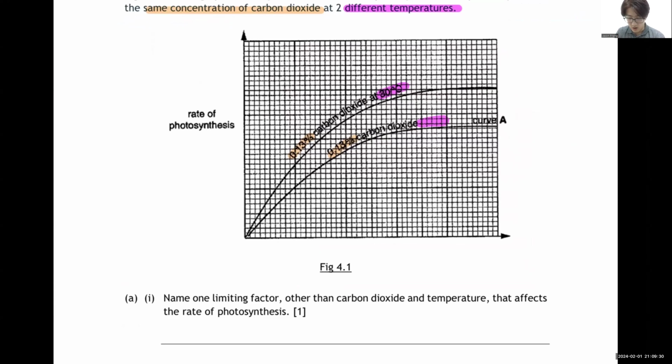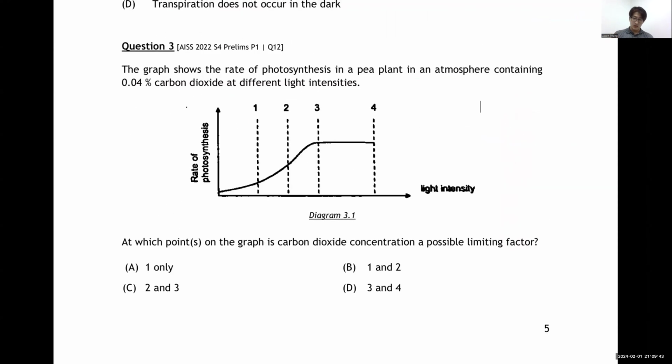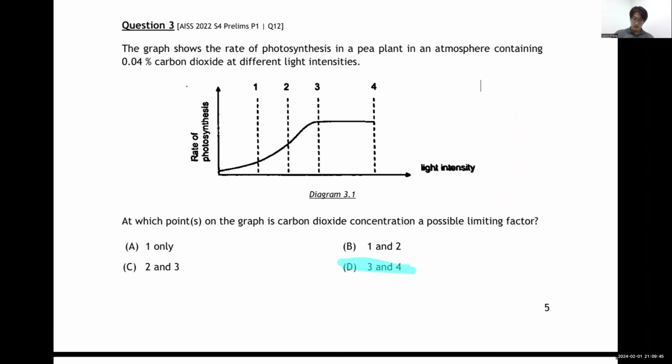First question is just recall carbon dioxide, temperature, or light, the 3 limiting factors we learned. Question 3 is B, for those who didn't catch me just now.